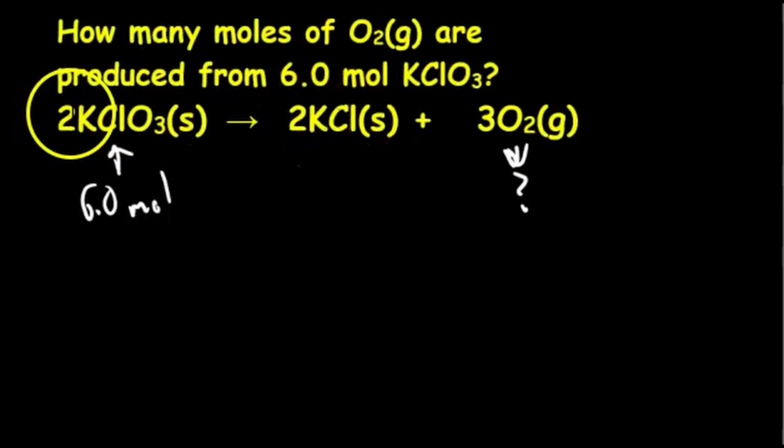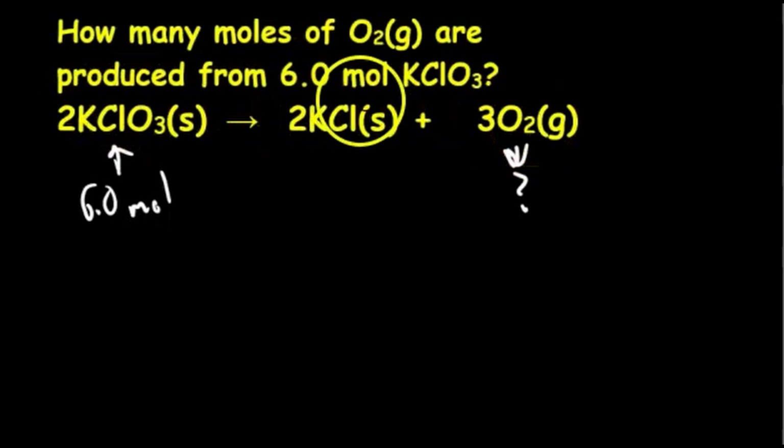Now, we don't have 2 molecules of it. We have 6 moles of this. But what this is saying is that for every 2 molecules of this that react, we make 3 molecules of oxygen. If we react 200 of these molecules, then we will make 300 molecules of oxygen.